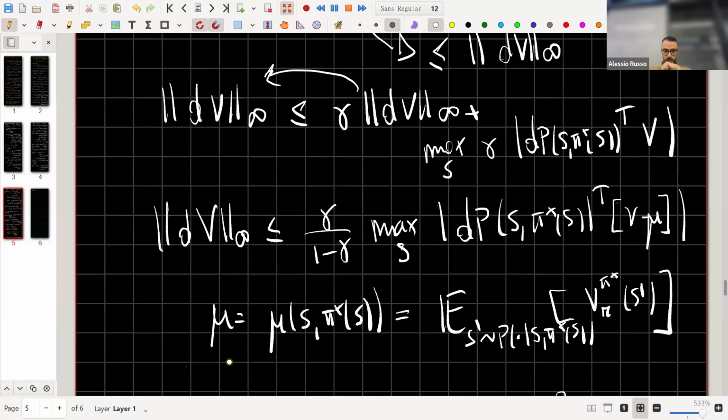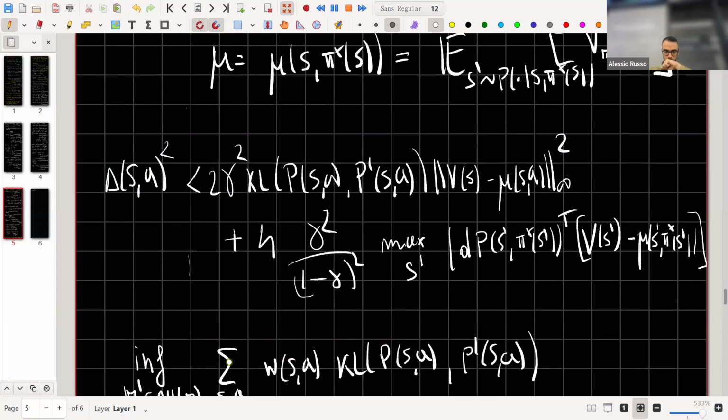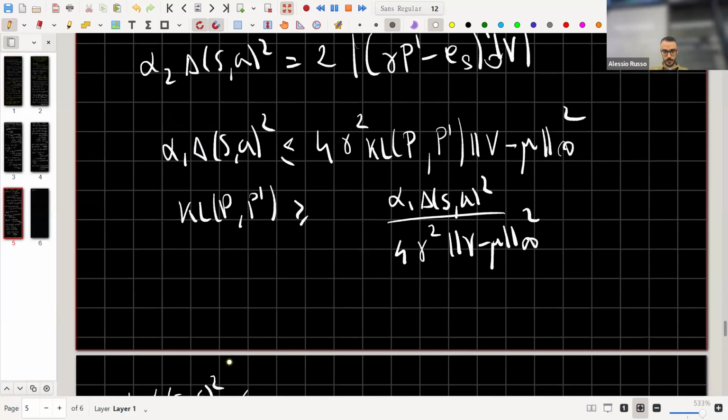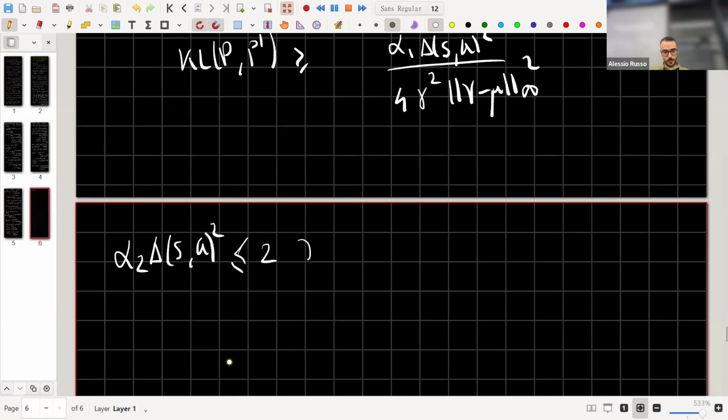And this quantity is upper bounded by gamma squared divided by 1 minus gamma squared, maximum over S prime. And here we have KL. Here we have S prime, pi star of S prime, and so on. I will not write it.